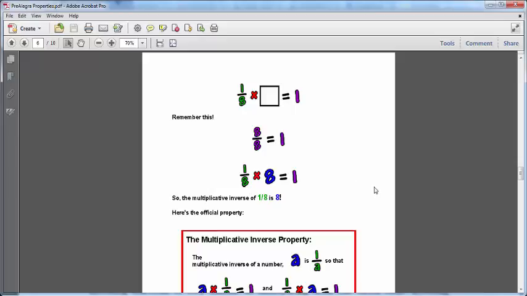And so that's very, very important. Any fraction can be represented as 1. And that means whatever number you have, you can divide it by itself.